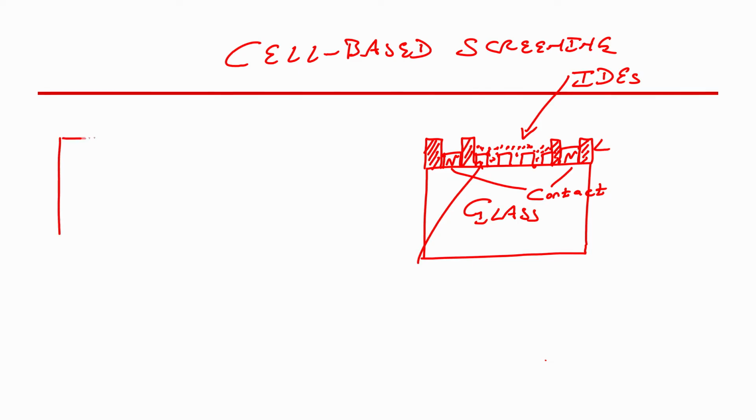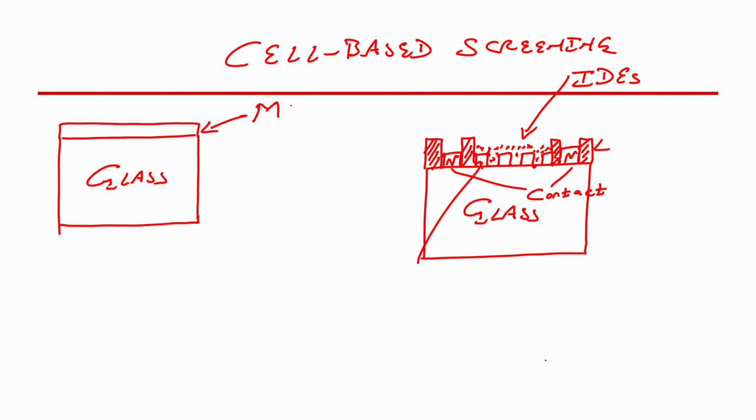You take a glass. If you have a glass, you do not have to worry about growing silicon dioxide, because glass itself is silicon dioxide. So, glass is your substrate. On this glass, you will deposit a metal for the interdigitated electrode. Let us say it is platinum or chrome gold.